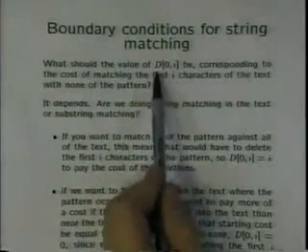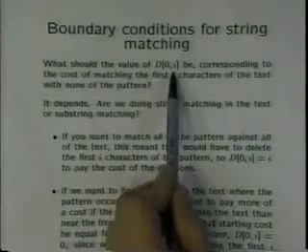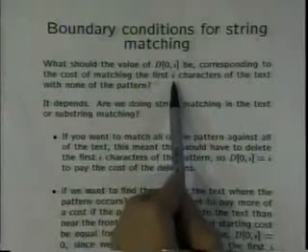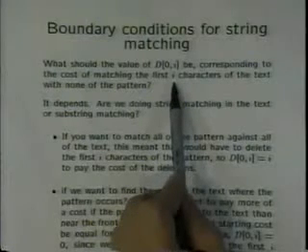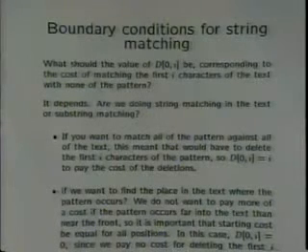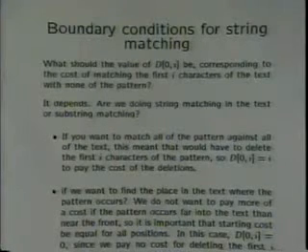What is the value of d sub 0 i, which I'm going to say corresponds to the cost of matching the first i characters in the text with none of the characters in the pattern? How much should that actually cost? I, because you have to delete them.